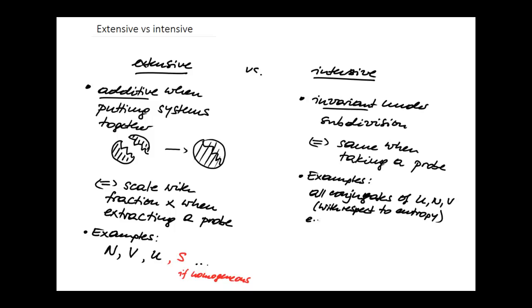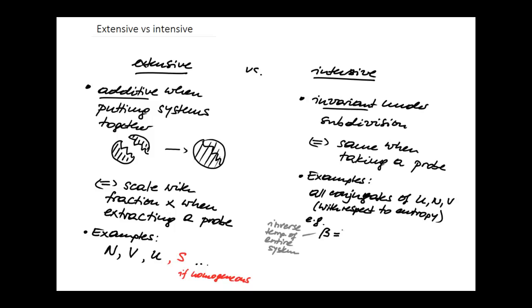For example, let's look at the inverse temperature, beta. Let's look at the inverse temperature of the entire system. How do I obtain that from the entropy?